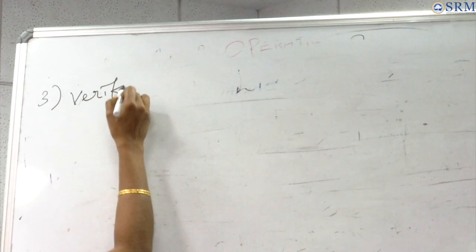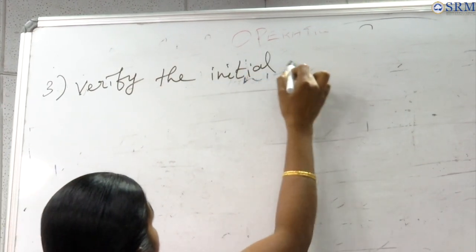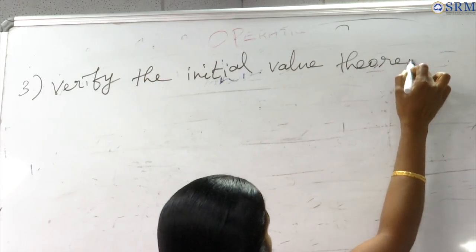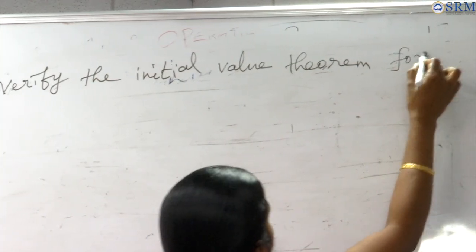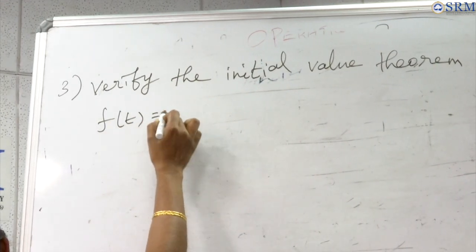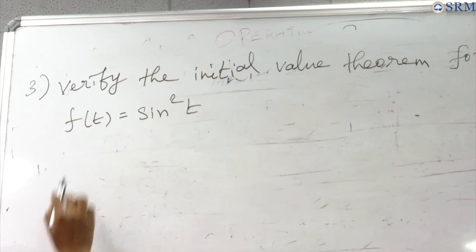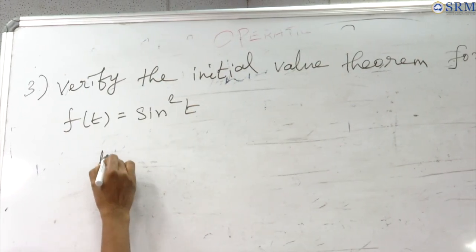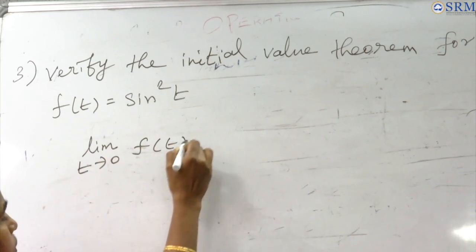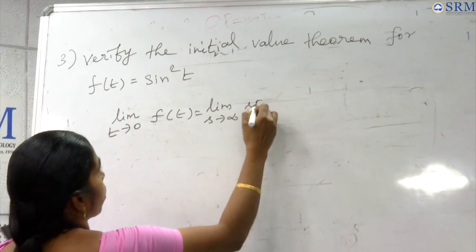The statement of the initial value theorem is limit t tends to 0 of f of t is equal to limit s tends to infinity of s into f of s.